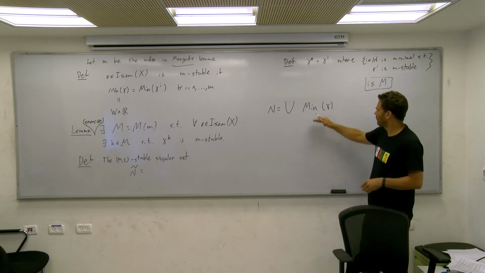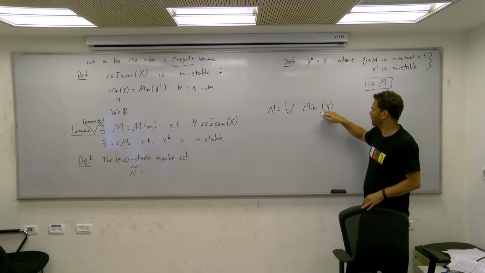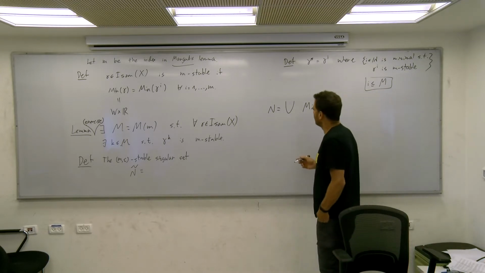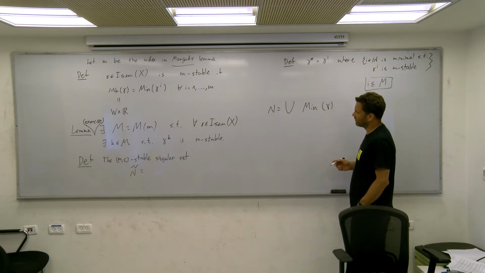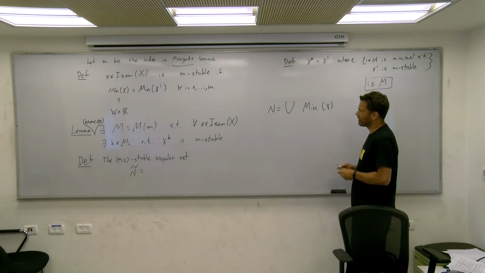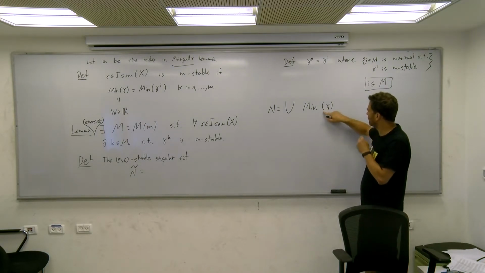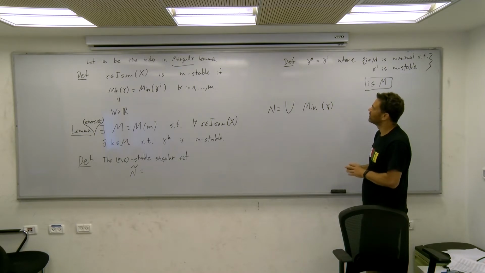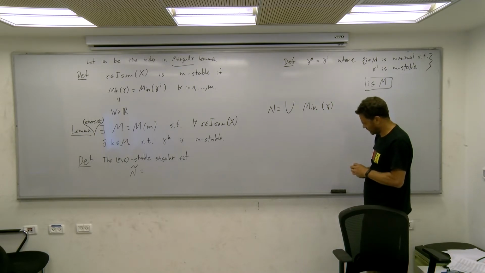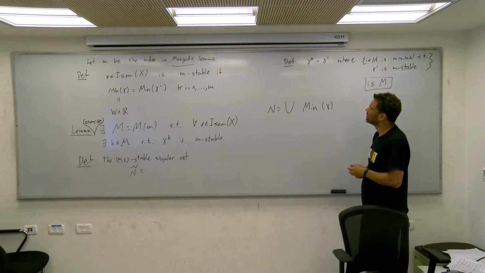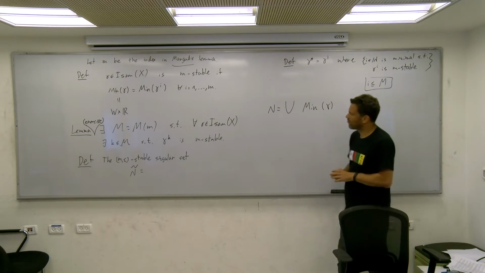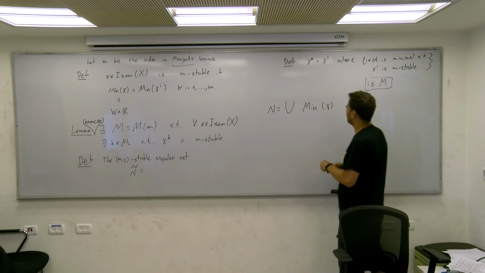I want to do it, so N will be the union of the minimal set of some elements, but what will be these elements that I'm considering? I don't know if stable is what I want. Actually, okay, let's go with stable. I think it will work.